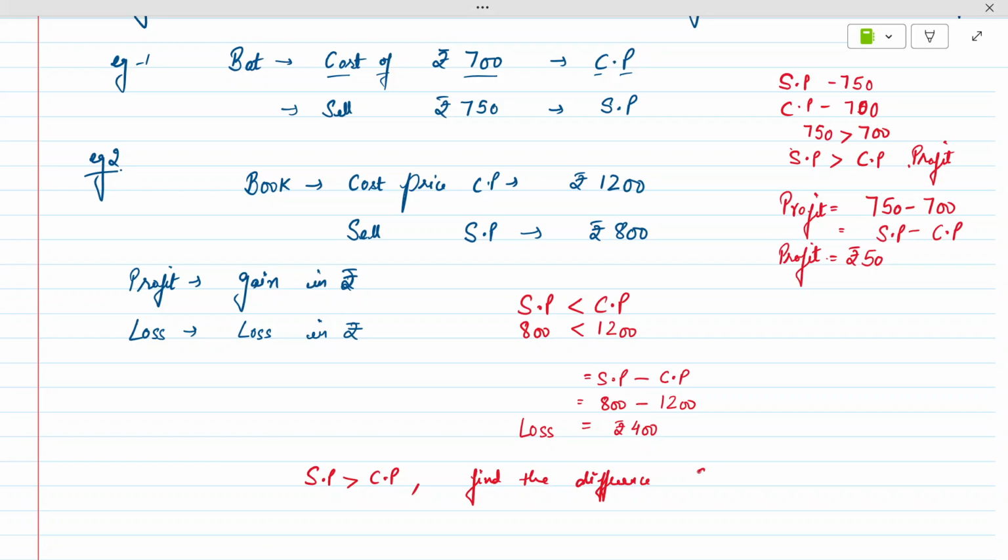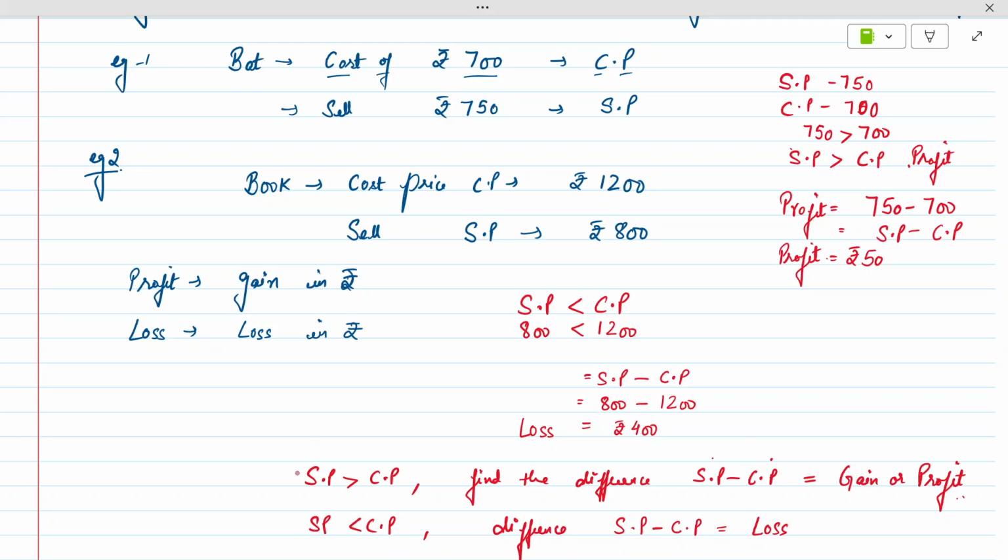The difference between SP minus CP will give us gain or profit. And if SP is less than CP, then this difference will give us a loss. So we have to calculate how much loss we have got, which is the cost price minus the selling price.